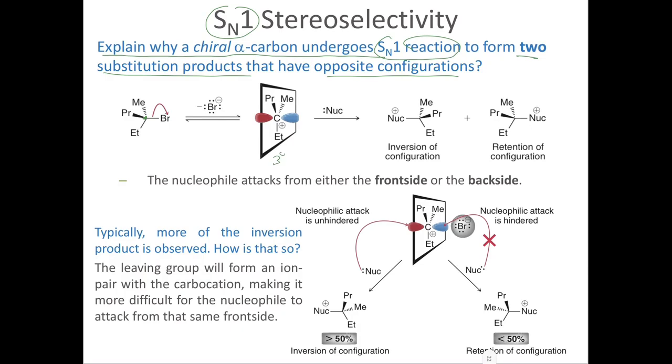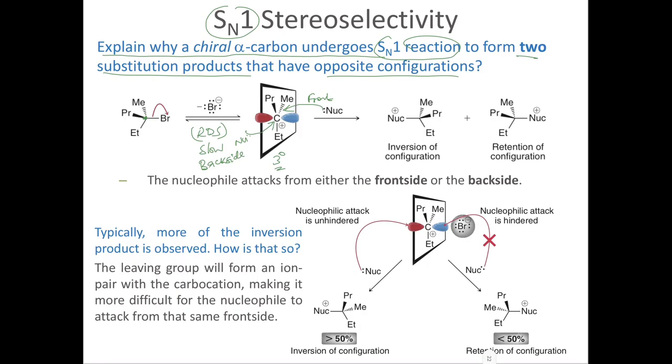So here we form a tertiary carbocation. The formation of the carbocation is the rate determining step because it is the slow step. Once it is formed, the nucleophile can attack either from the front or from the back side.